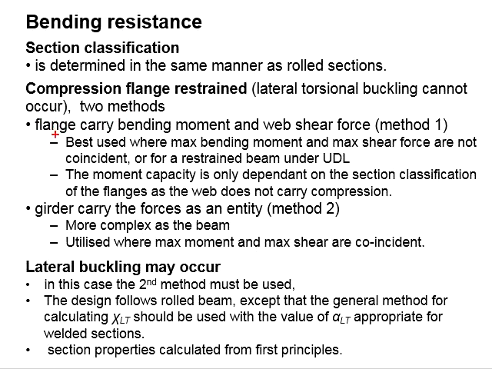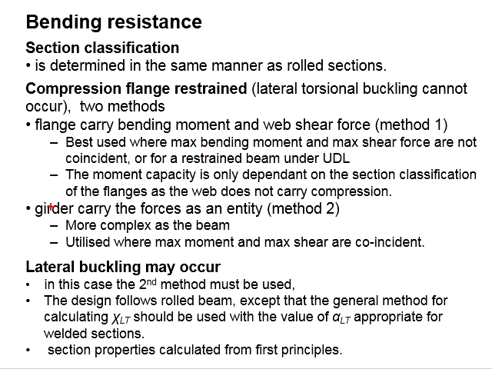This assumption is best used when the maximum bending moment and the maximum shear force do not happen concurrently, and it is for a restrained beam under UDL. The moment capacity depends only on the section classification of the flange, as the web does not contribute to any compression resistance.